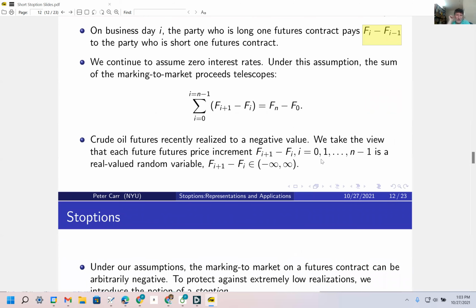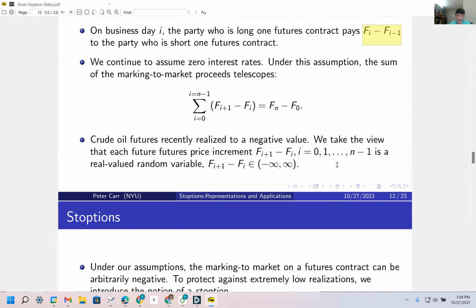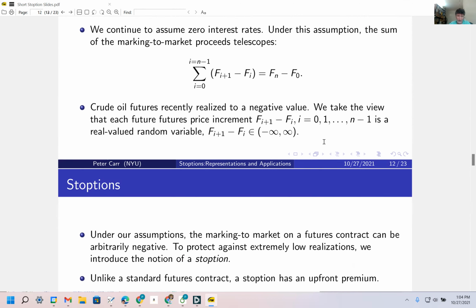An example of a futures price that can be negative is, say, crude oil futures. And so we're going to be thinking about the futures price as possibly negative, and of course price increments are always possibly negative, but we're going to think of the most negative value of futures price increment as minus infinity.